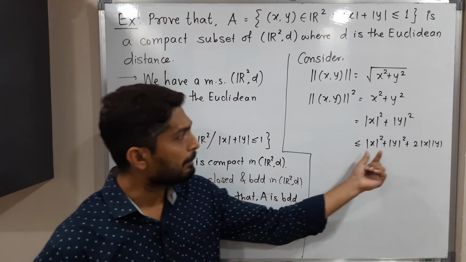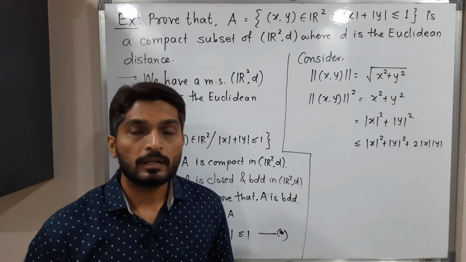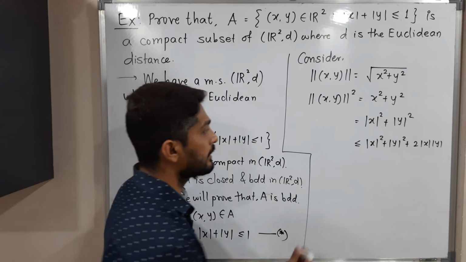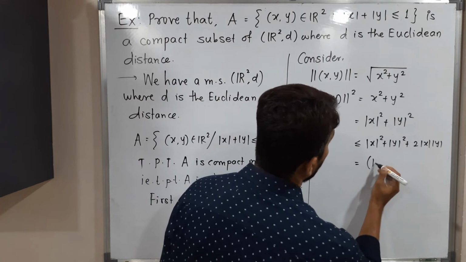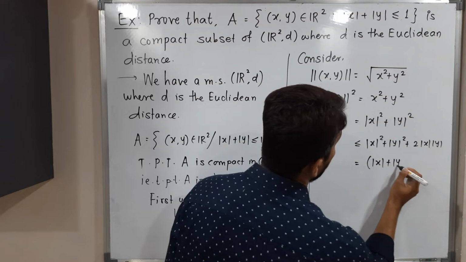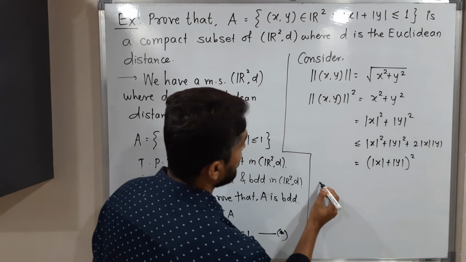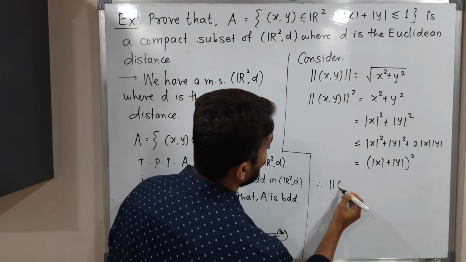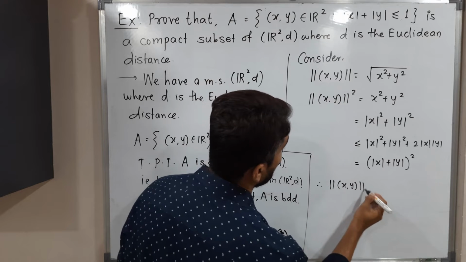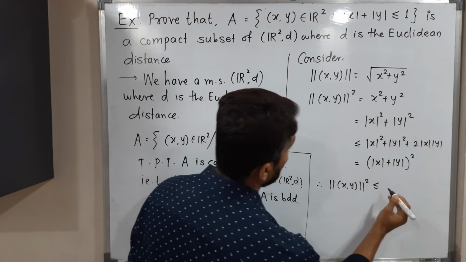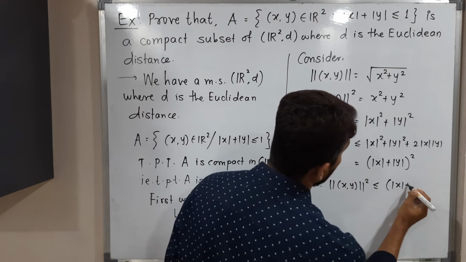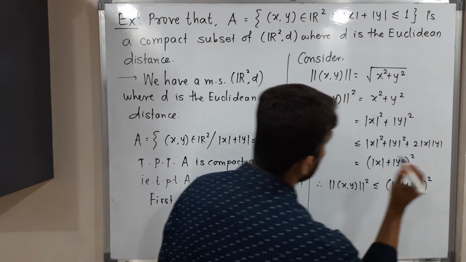See, do you remember anything by observing this? It's a bracket square, right? It is the bracket square of what? (|x| + |y|) whole squared. It means we get norm (x, y) squared is less than or equal to this expression, whole squared.